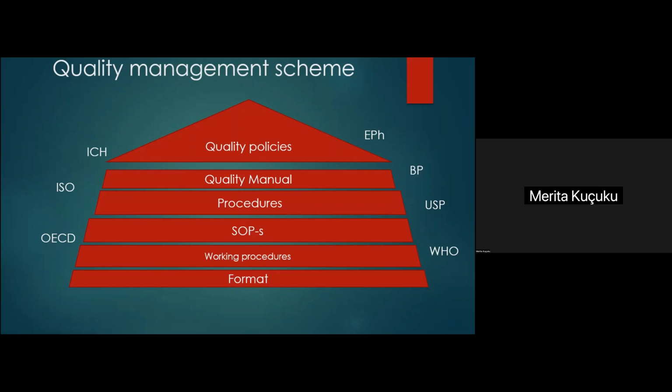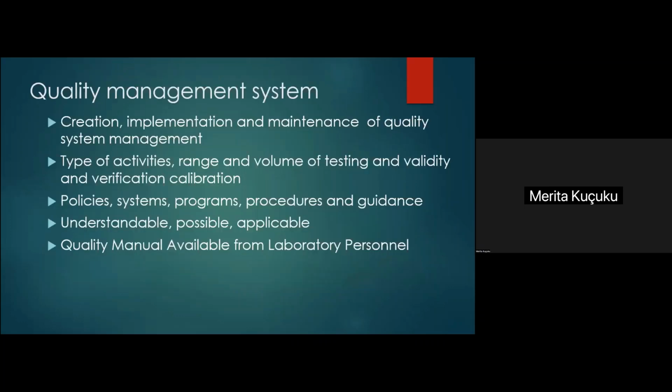The documents used for this quality management are the International Conference on Harmonisation, international standard operating procedures, documents of the Organisation for Economic Cooperation and Development, pharmacopoeias, different pharmacopoeias, European, British, US, and all documents and recommendations of the World Health Organization.